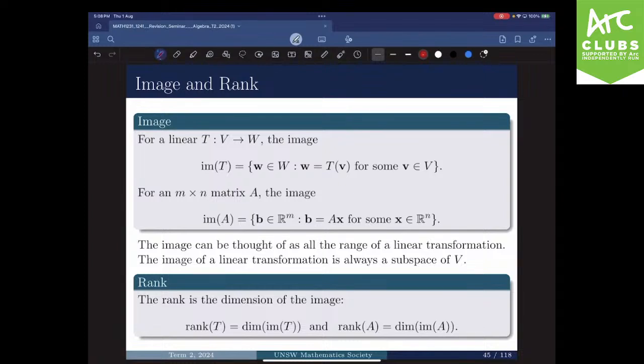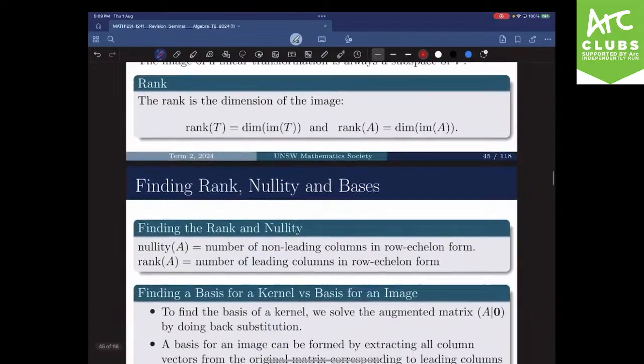Also, similarly to the kernel, the image is a subspace of V. And the rank is just the dimension of the image.